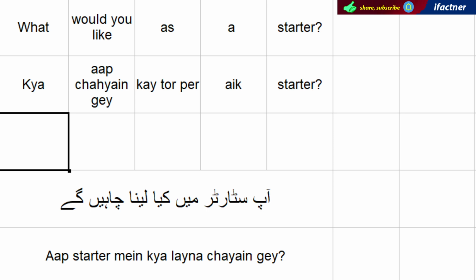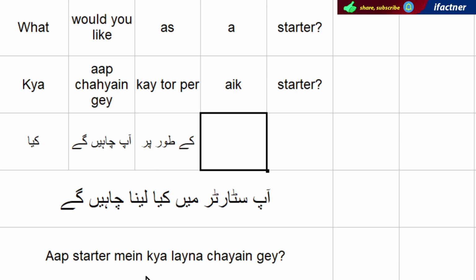So kya can be typed as kaf, ye, alif. आप चाहेंगे. आप is alif mada pe sakin. चाहें is che, alif, cha, he, ye and noon na. चाहेंगे, गे is kaf bari ye. के तौर पर, के is kaf bari ye. तौर is with toe, toe wao re, तौर. पर is pe re, पर.